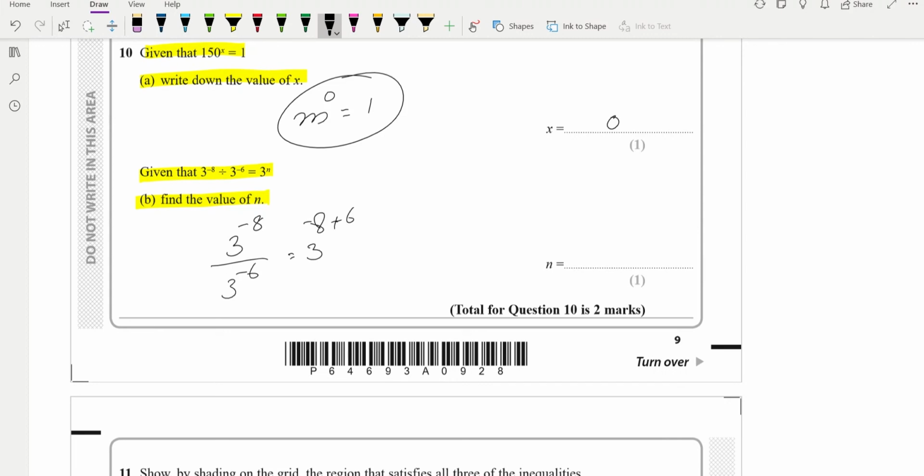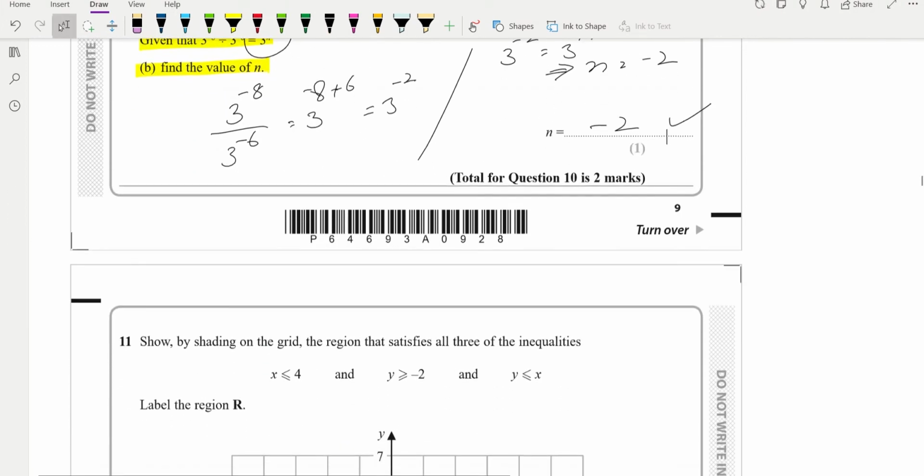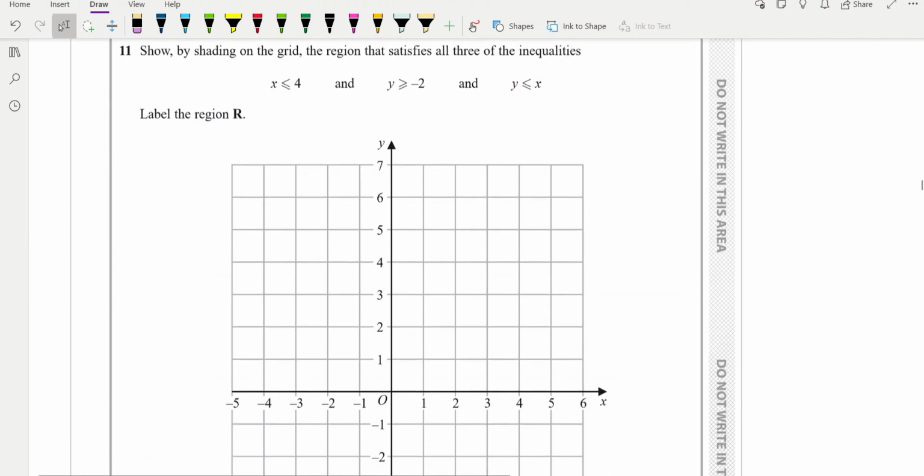When we shift the denominator above, its power will be positive, so this will be equal to 3 raised to the minus 2, and this is equal to 3 raised to the power n. Bases are the same, so we can leave the bases and compare the powers. This implies n is equal to minus 2, so n is equal to minus 2 will be our final answer. This is a 1 mark question, but I have given details for your understanding.